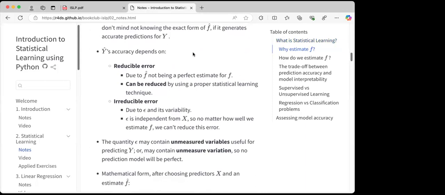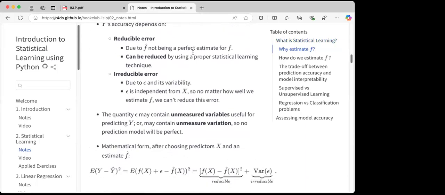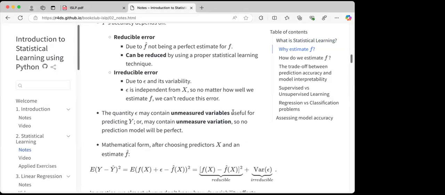This error has to be there. These are unmeasured variables used for predicting Y, or it could also contain some unmeasured variations. So no matter how well our predictor is, we still have some error, which is the irreducible error.